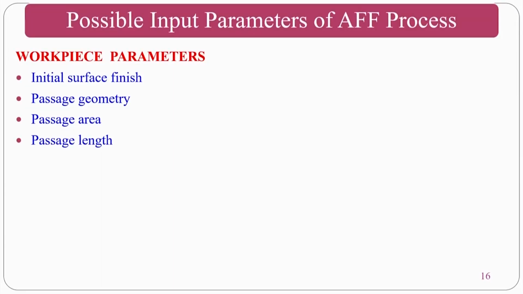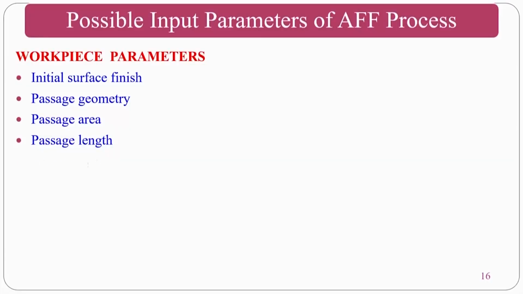Passage length: as I said, geometry covers passage area and passage length. If the length is too high, there will always be a problem of aspect ratio. If your aspect ratio is very high, there will be a pressure drop at the center of the workpiece region. So you should go for advanced media, and there are some advanced media that can handle finishing of such high aspect ratio holes.